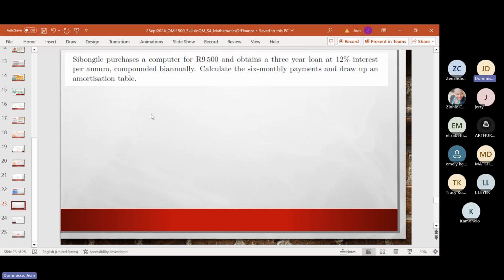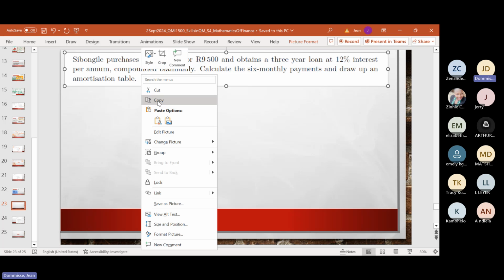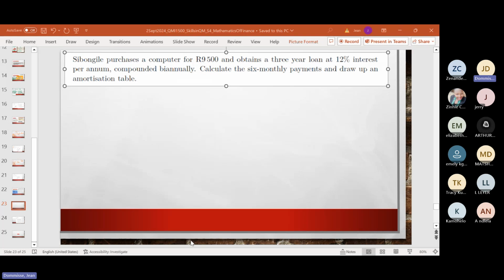I also want to show you how we can use Excel again. I will share the Excel spreadsheet also in our WhatsApp chat, so that you have that as well.